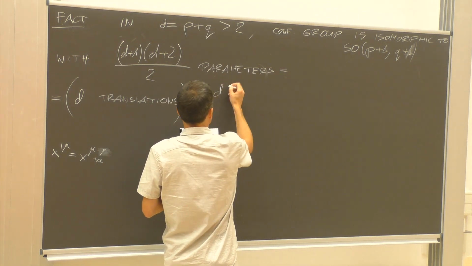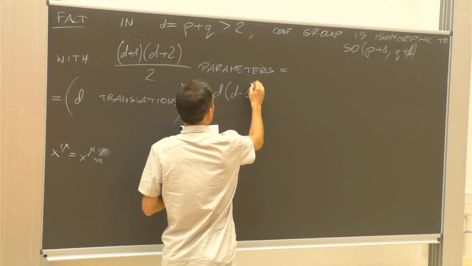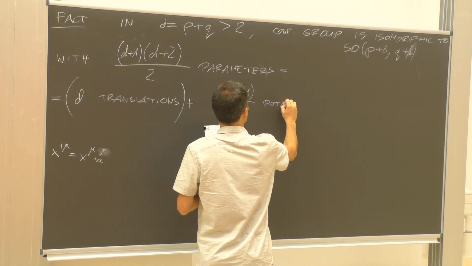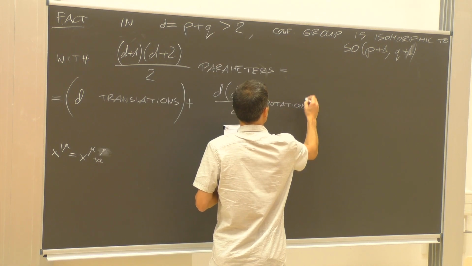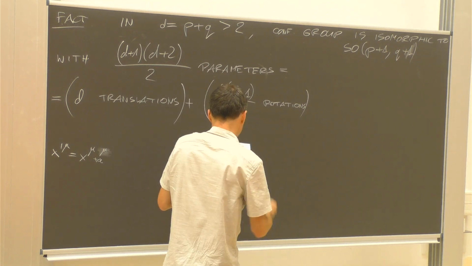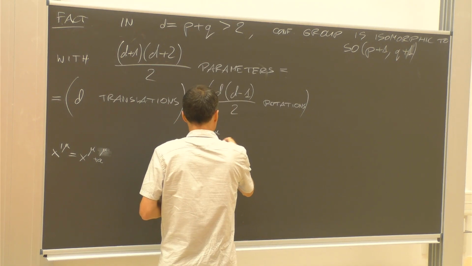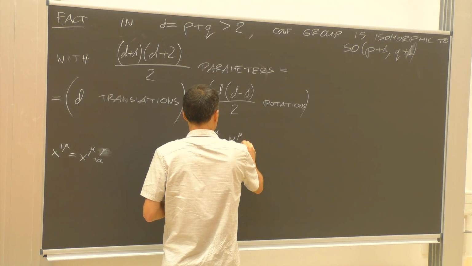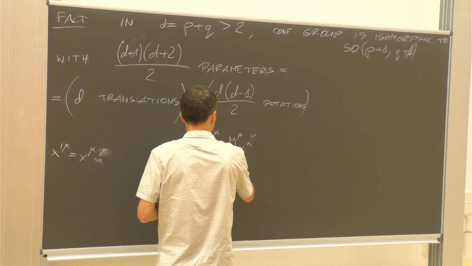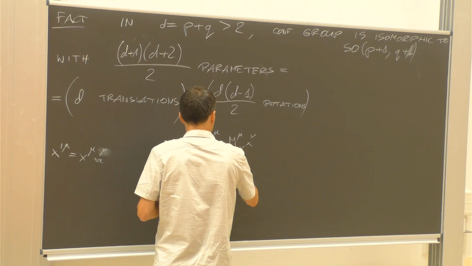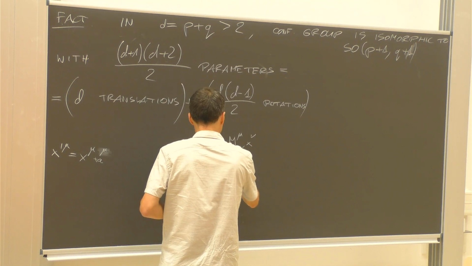There is the expected number of rotations, which we can write in the following way, and this is, of course, a rotation matrix, so an element of SO(p,q).